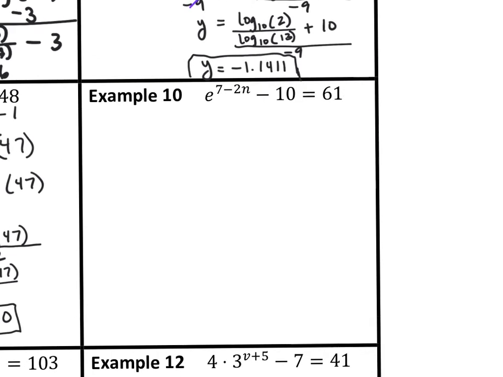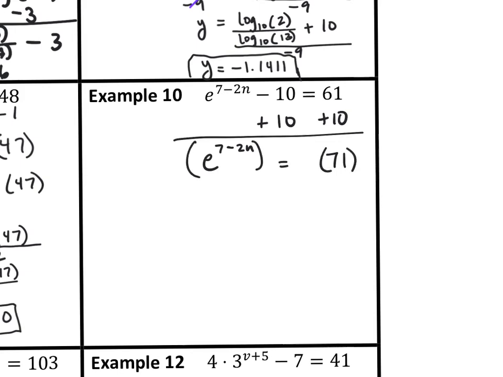Example 10. Isolate the exponential term. So we're going to add 10 on both sides, and that's going to leave us with e to the power of 7 minus 2n equals 71. And then what we're going to do is do something to both sides.